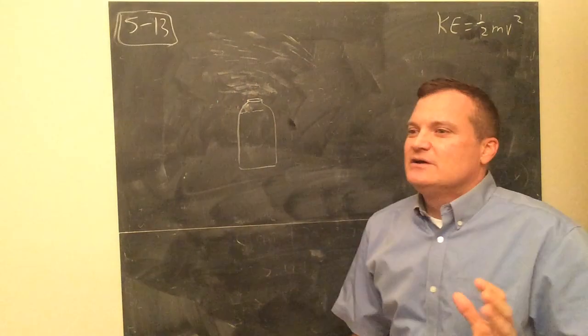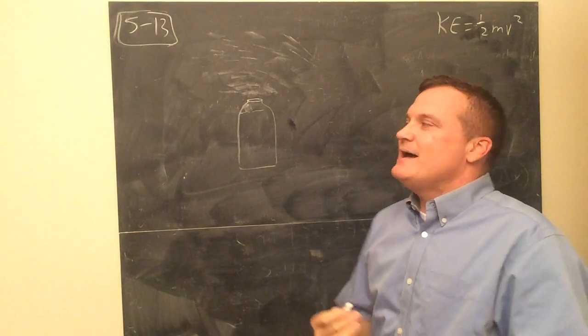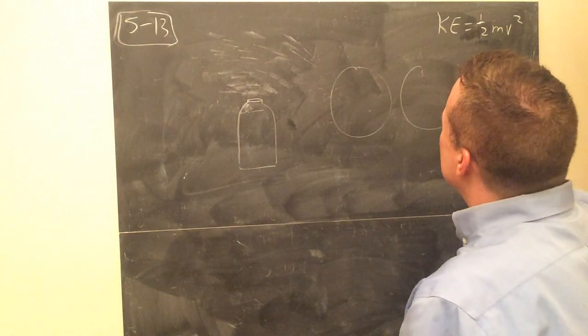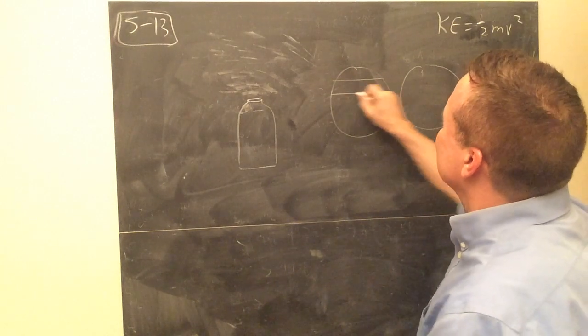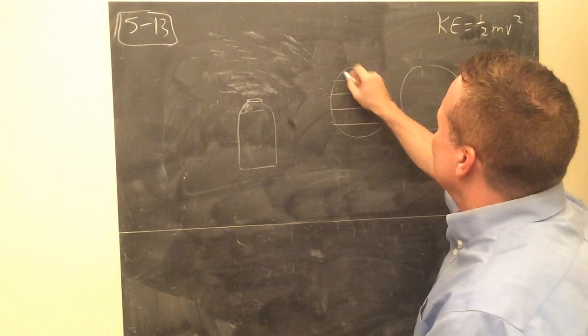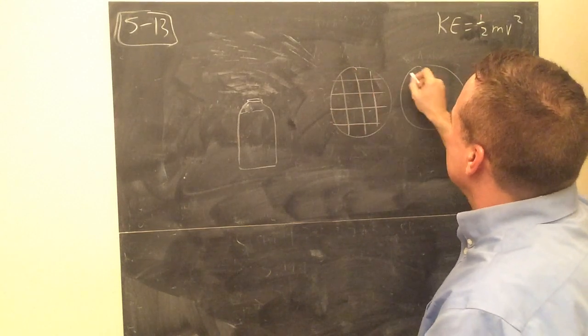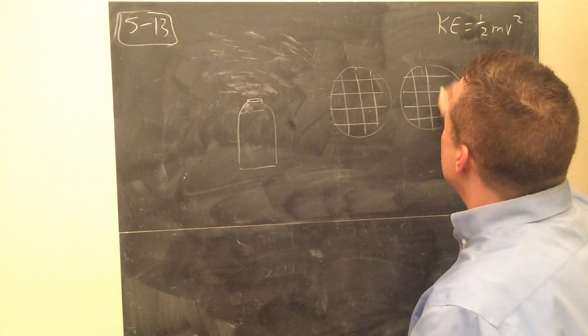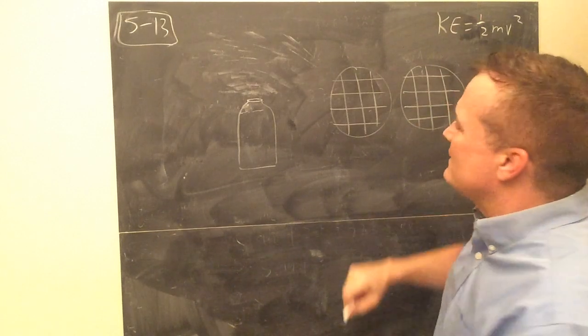Remember, I mentioned once before that you can imagine, from Avogadro's law, that there are a limited number of parking spaces for gases. Equal volumes of gas at the same temperature and pressure have the same number of molecules.